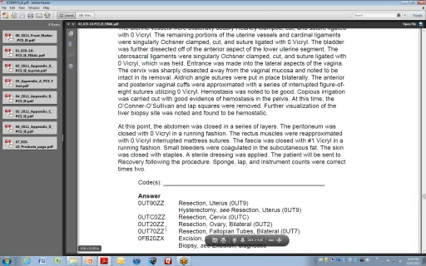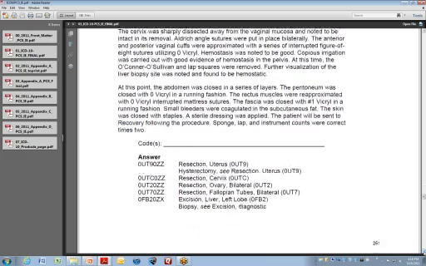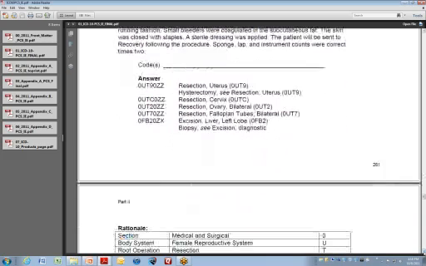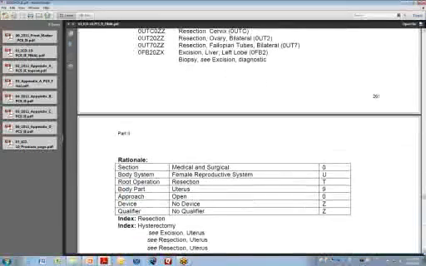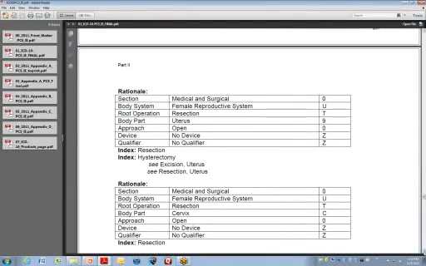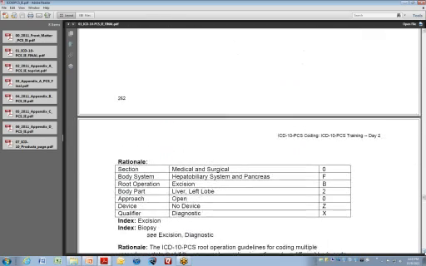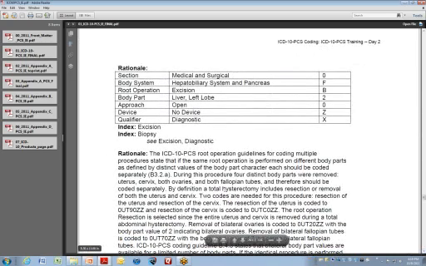Now, you can look at this and say, oh my goodness, what if I get that wrong? Well, don't worry, because these tools are designed to teach and educate you. So if you do get it wrong, or if you do get it right, we're going to go step by step on how we assign those codes, and then provide a good description on how we got there, as well as providing rationale as to why.